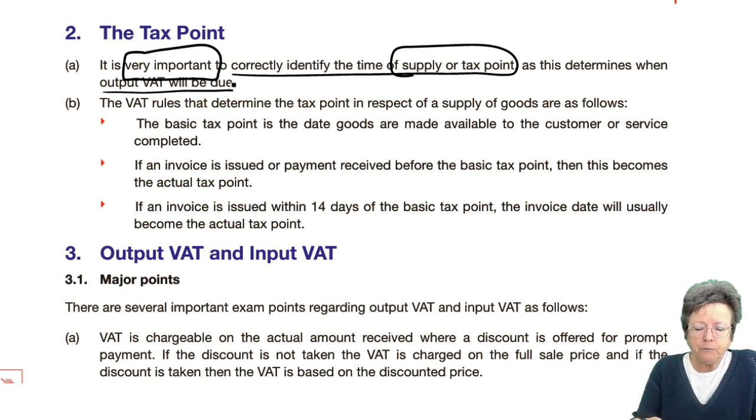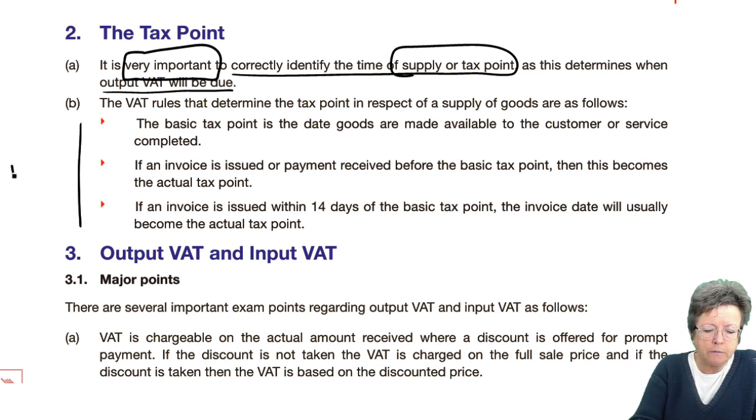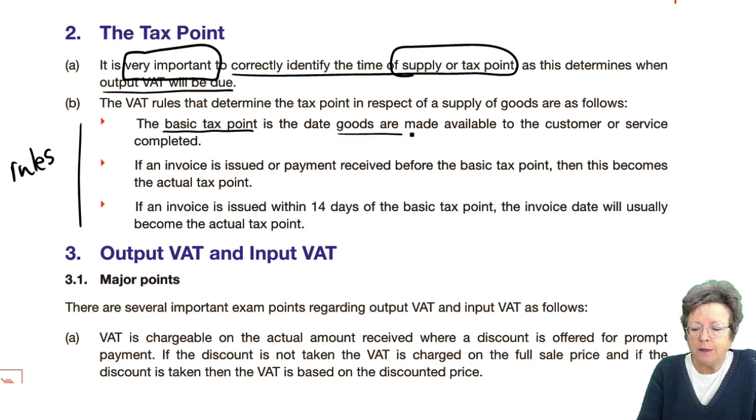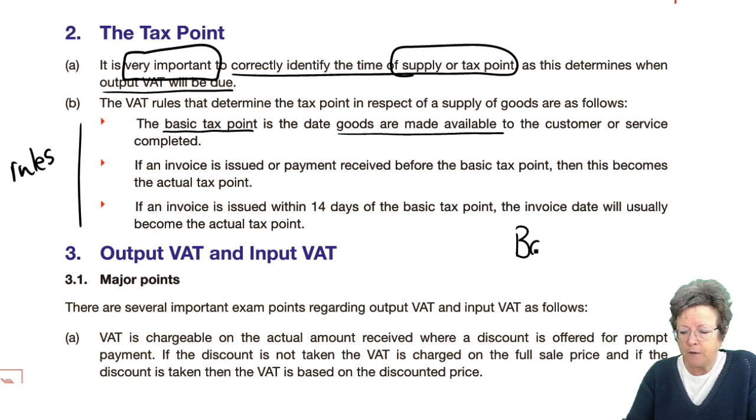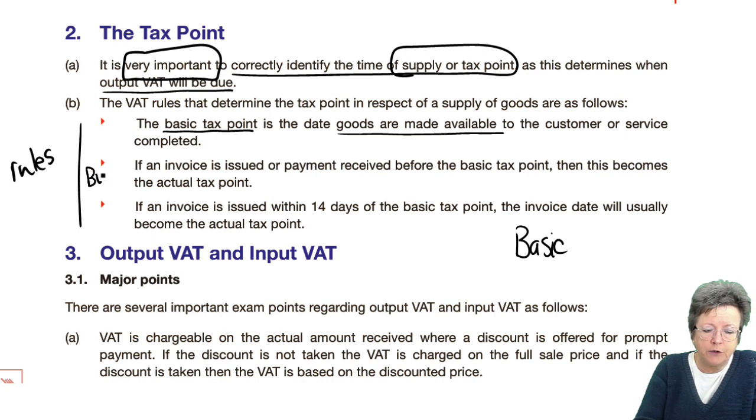Now, these are the rules. The basic tax point is the date the goods are made available to the customer or the services are completed, which is normally when this would take place. So that's the basic. However, then we have two buts.